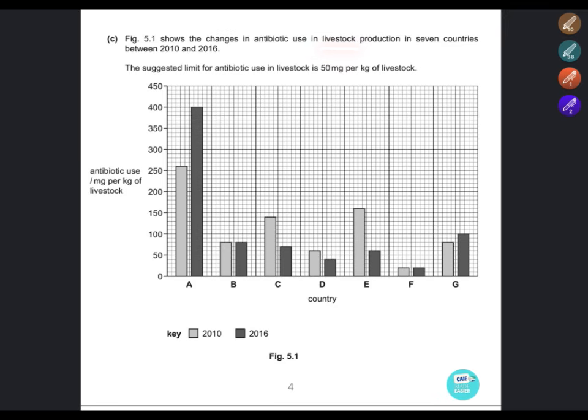Livestock is basically cattle and other farm animals, in 7 countries: country A, country B, C, and so on. These are different countries, and the y-axis represents the antibiotic use in milligrams per kg of livestock. That means, for example, if this is 250, then 1 kilogram of livestock is given 250 milligrams of antibiotics.